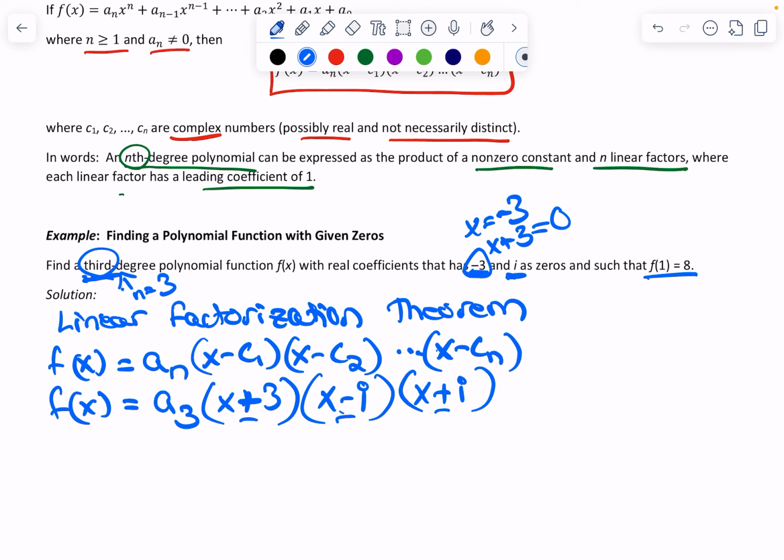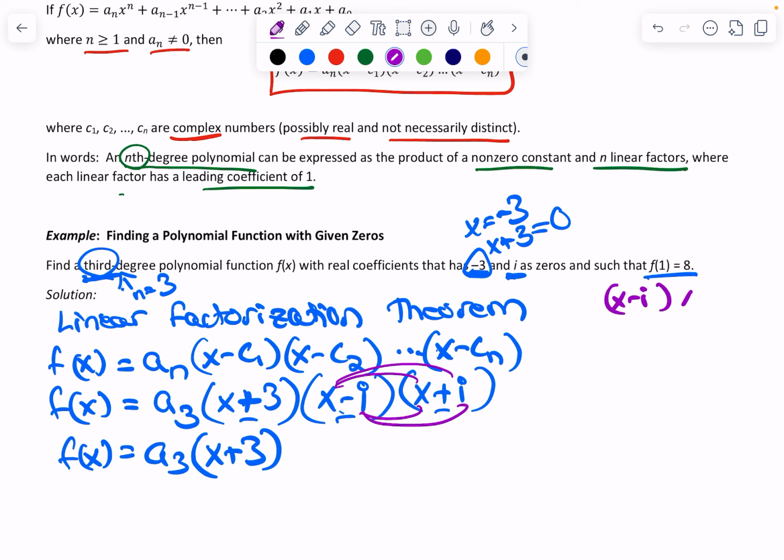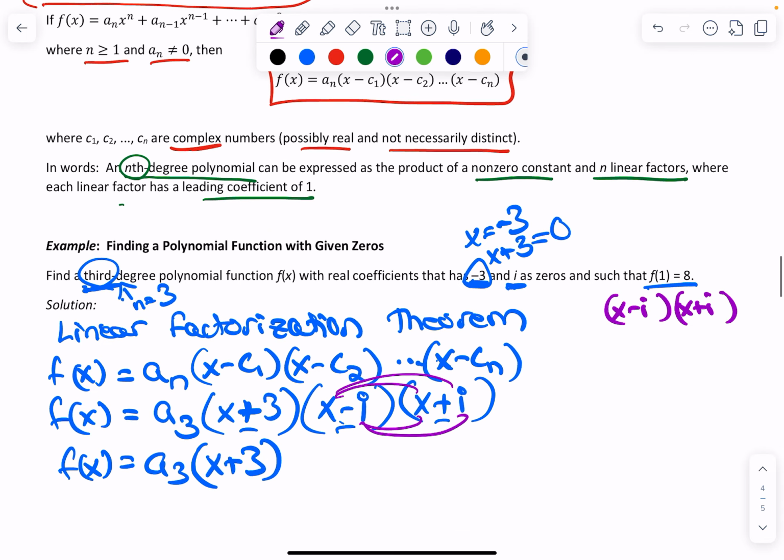Now what we're going to do is go ahead and FOIL these two. We're leaving the x plus 3 for now. So when we FOIL, I'm going to do x minus i times x plus i on the side here so that I have enough room.